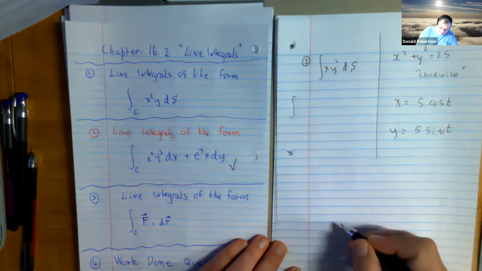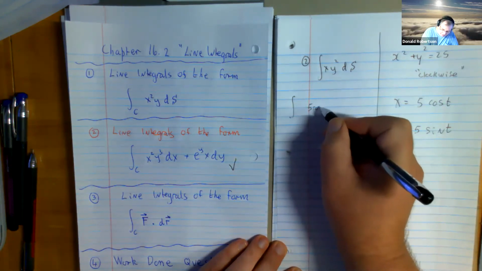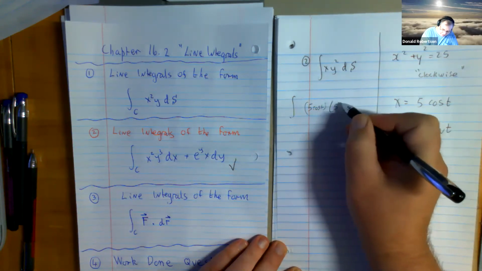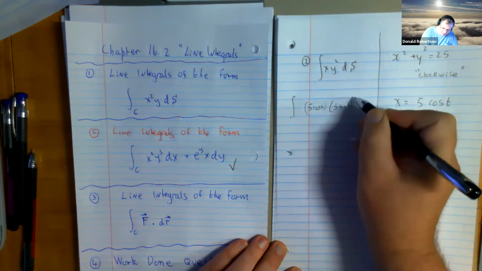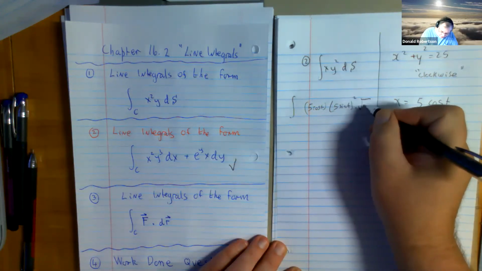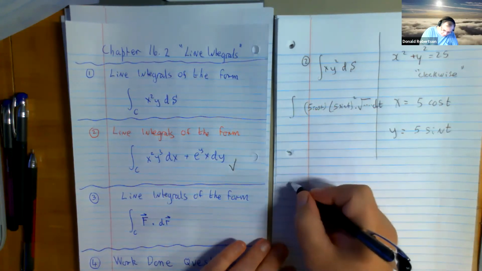So this is going to be the integral. X is going to be turned into 5 cosine t. Y is going to be turned into 5 sine t squared. Then I'm going to have to do a derivative of ugly guy, which I don't have enough room for, dt. So I'll put it down here.